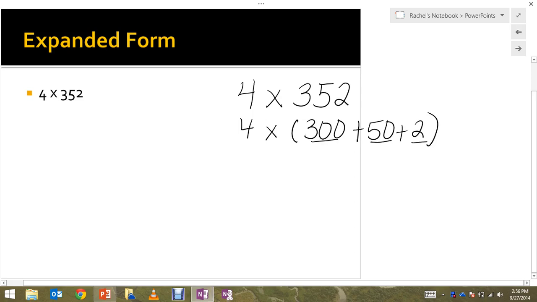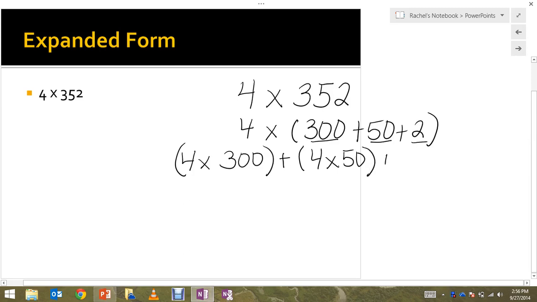Now we know that we're going to multiply 4 times 300. And that's the first one. We're going to multiply 4 times 50 as our second smaller problem, and 4 times 2 as our last smaller problem.